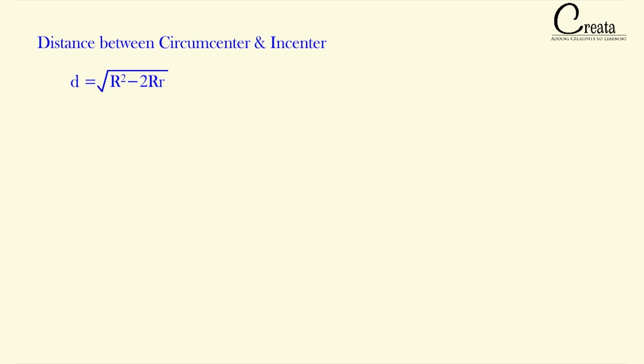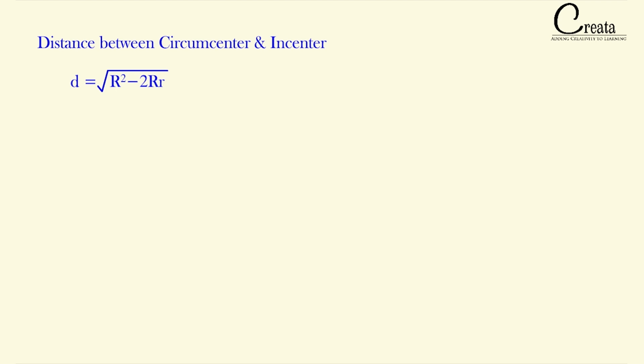Moving further, in the previous lecture, we have seen the formula of the distance between incenter and the circumcenter. That is, small d is equal to root of capital R square minus 2 times capital R into small r. Here d is the distance between the incenter and the circumcenter.